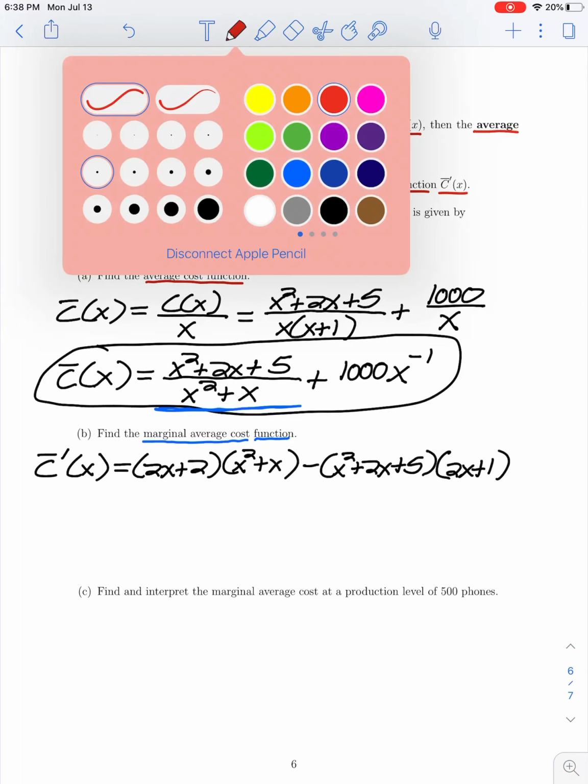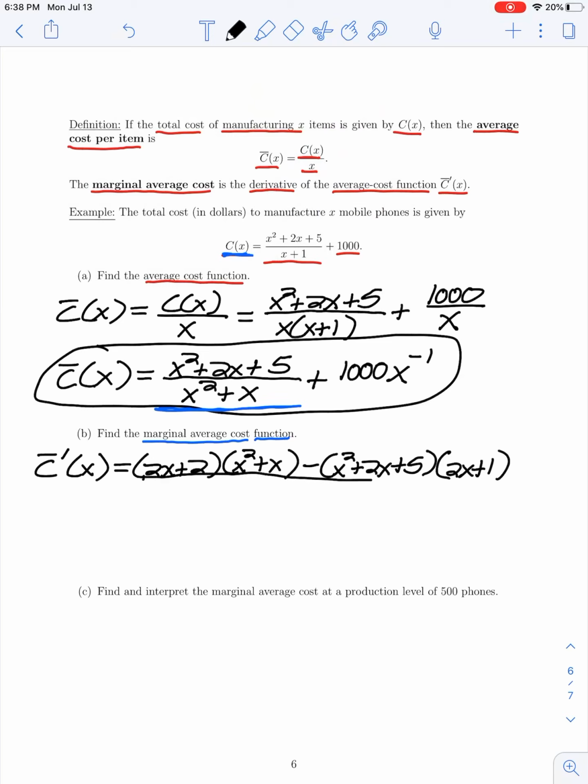And then this whole expression is divided by the denominator, which was x squared plus x, quantity squared. Now on the end, we still have this 1,000x to the negative first term. So differentiating that, we would be left with a negative 1,000 x to the negative 2.